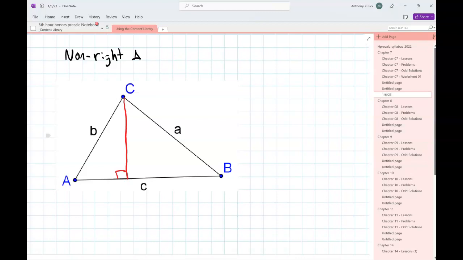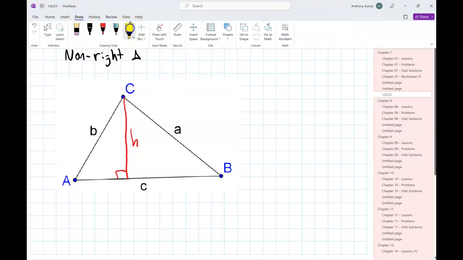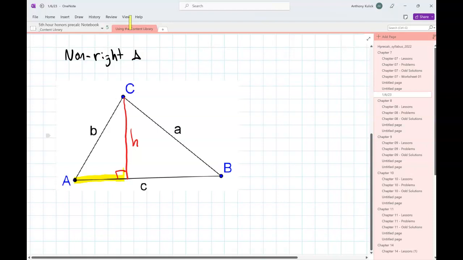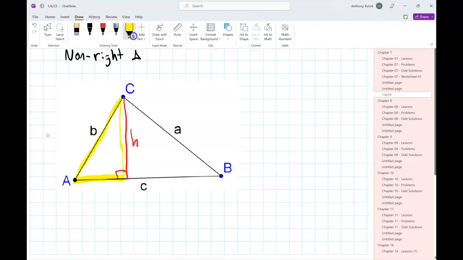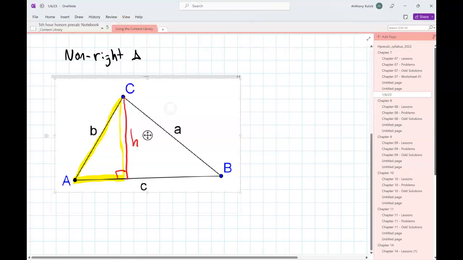And I'm going to call that side length H. So in doing this, what I've done is I created two right triangles.